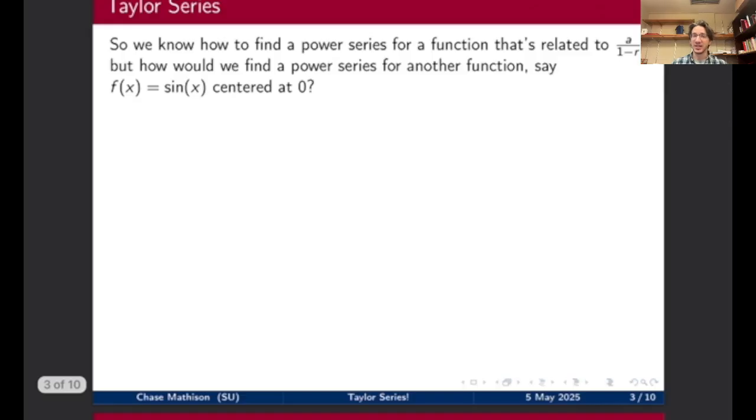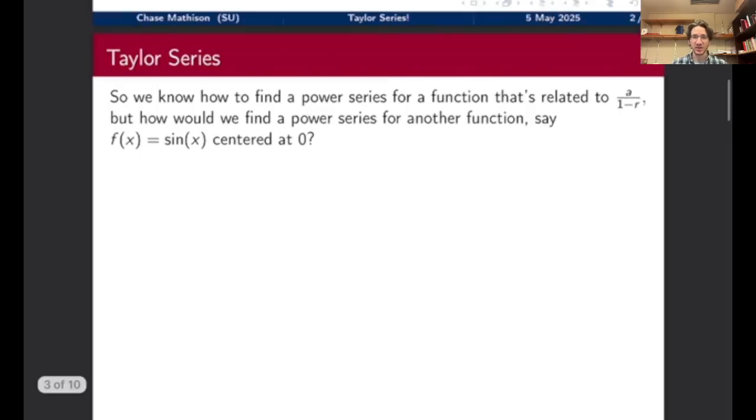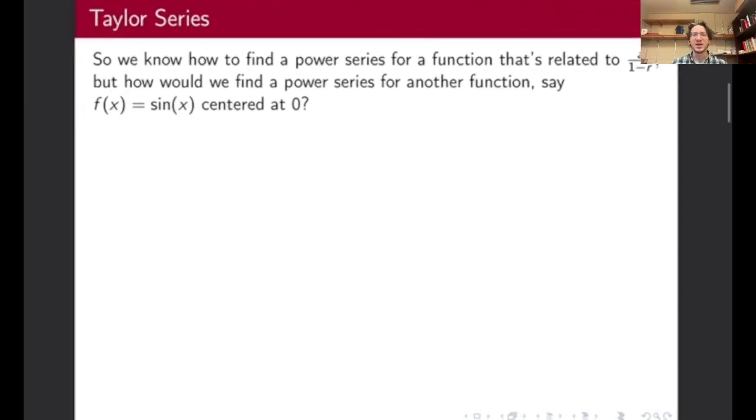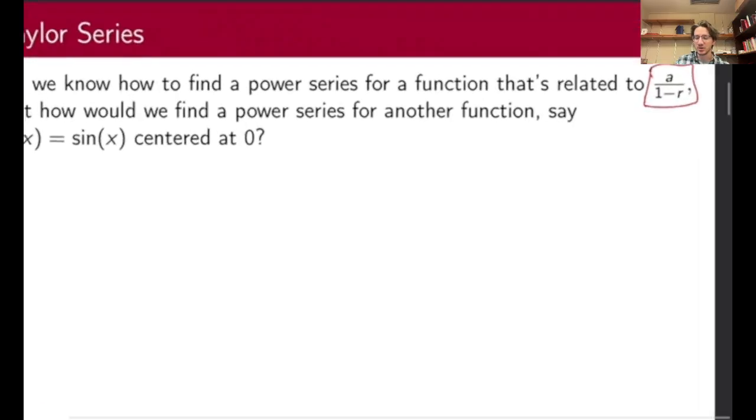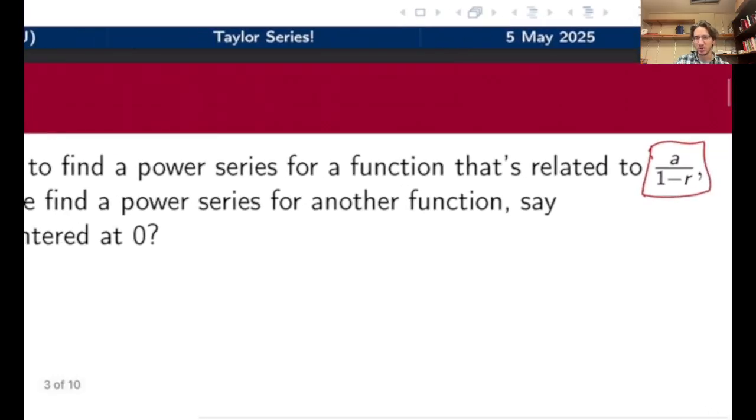So let's talk about Taylor series. Taylor series is just the name given to a power series for a general function. We have found power series for functions that, in one way or another, related to the geometric series, which when we write it out simplifies to a over 1 minus r, where a is the first term in the series and r is the common ratio.